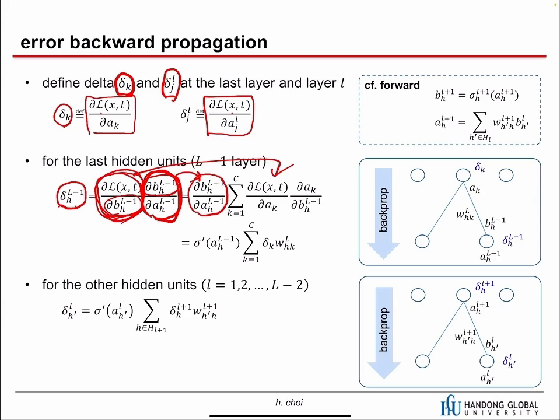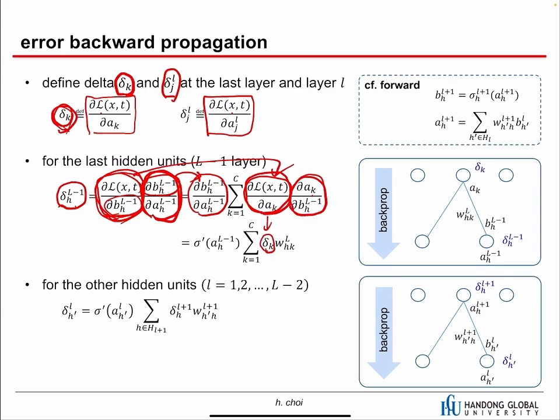So instead of calculating this derivative directly, we calculate this derivative and multiply this derivative, and we apply the summation over k. We actually defined this one as delta k. We don't have to replace this one with delta k, but for convenience, we just use this notation, okay? This one is not a derived notation. This one is our definition. We just use this notation, delta k.